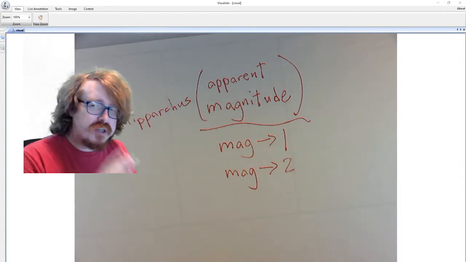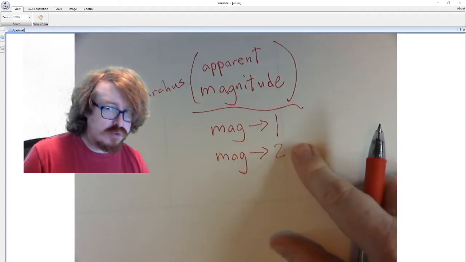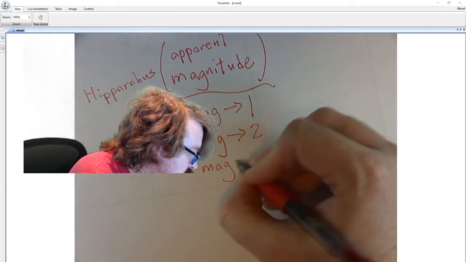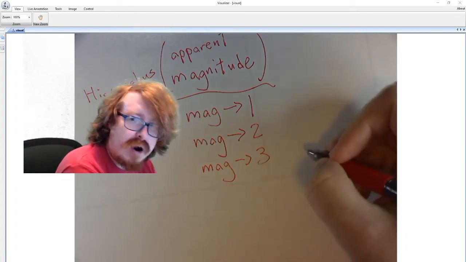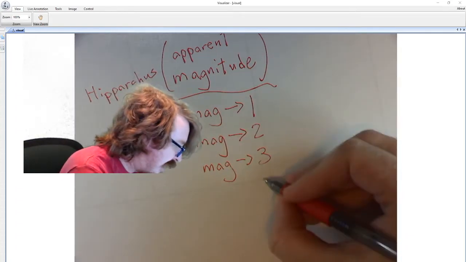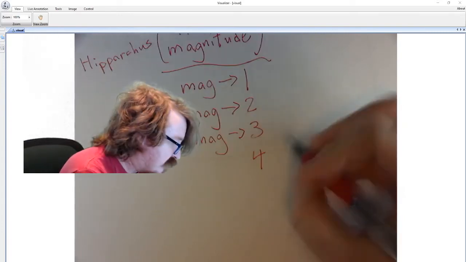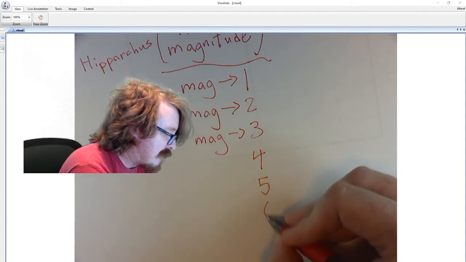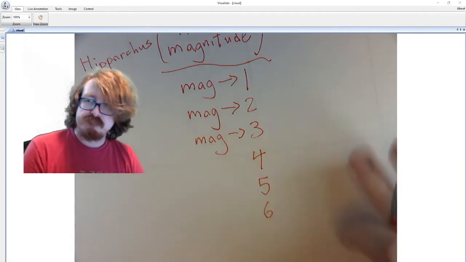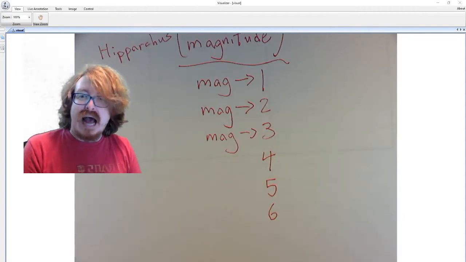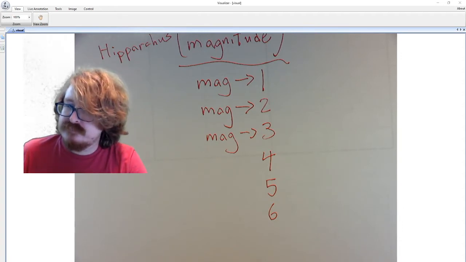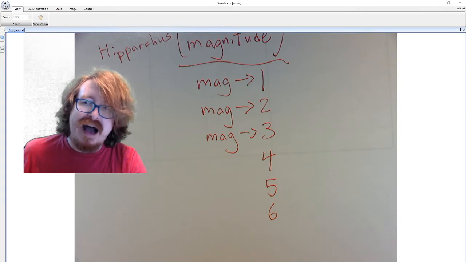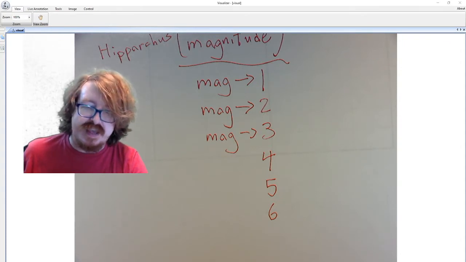Then the stars half as bright as the 2s were called magnitude 3, half as bright as that was magnitude 4, half as bright as that was magnitude 5, and half as bright as that was magnitude 6. And then he stopped. So here's the question. Number 1, why did they stop? Why did they stop at 6?